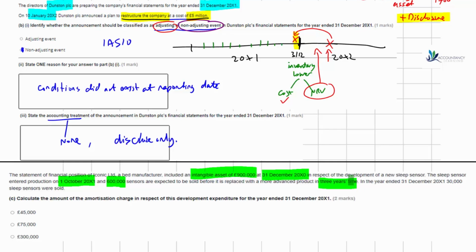The year ended 31st December 20X1, 30,000 sleep sensors were sold. So we're required to calculate the amount of the amortization charge in respect of this development expenditure for the year ended 31st December 20X1.